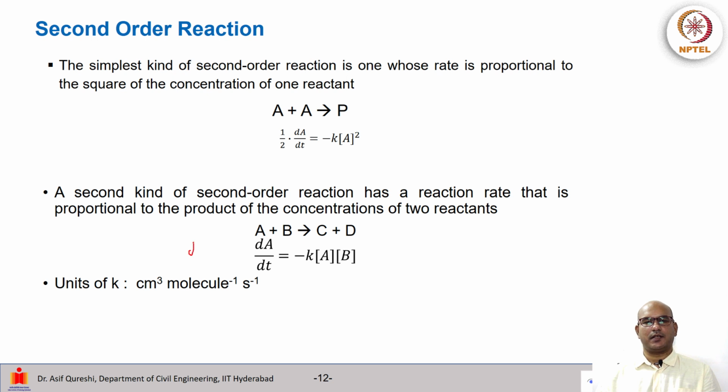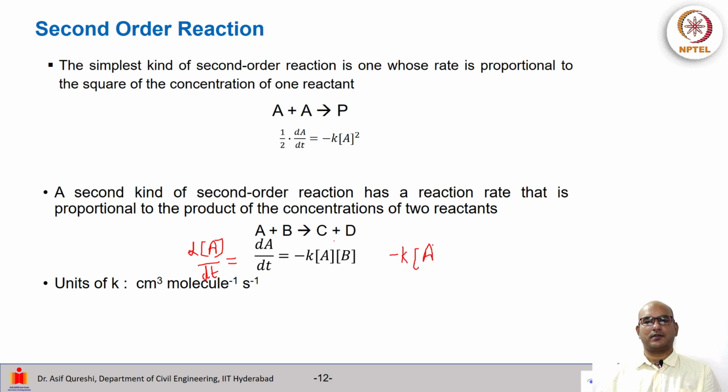So, dA by dt equal to minus K [A][B], this is another way one could have written. The way this is a second order reaction is, we have minus K.